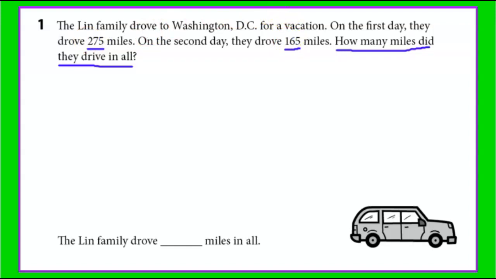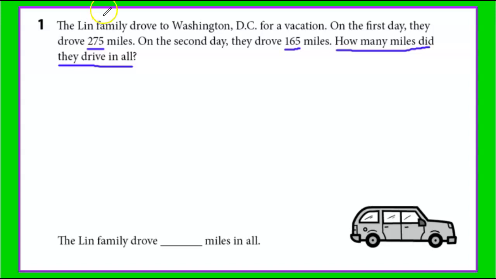Now before I start to solve this problem, I'm going to think if maybe I can guess how many miles it will be. Could you think of a good estimate of about how many miles they drove in all? Now, a good estimate might be around 400 miles.